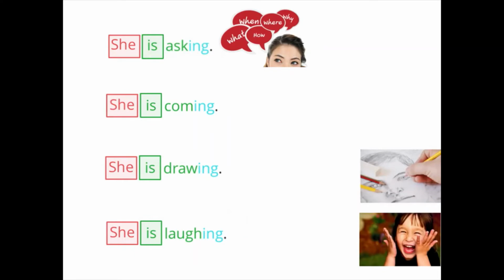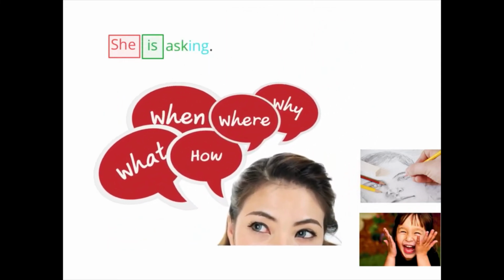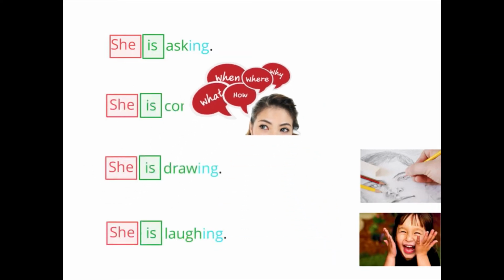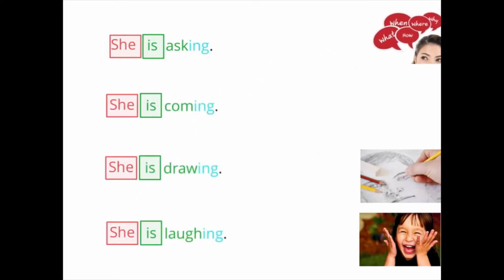We are going to look at the pictures to help us understand what each verb means. Our first picture is this one. We see this lady is asking questions. She is asking what, when, how, where, why. She is our subject, is asking. In our next sentence, we have the sentence, she is coming.